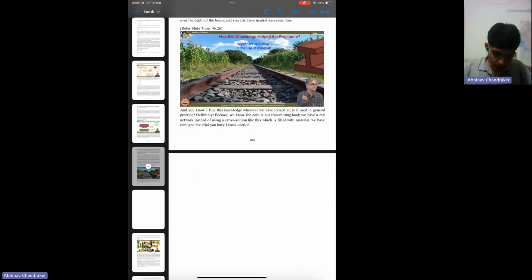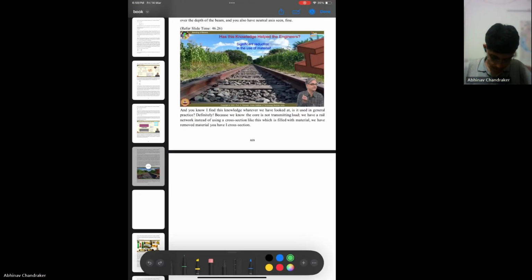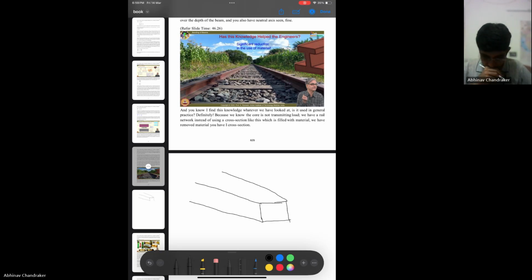So let's say the railroad is like this, and actually the wheels are somewhat like this. So you have one wheel here outside, and that wheel is like this. It's something like this.